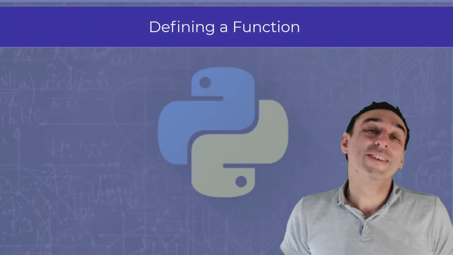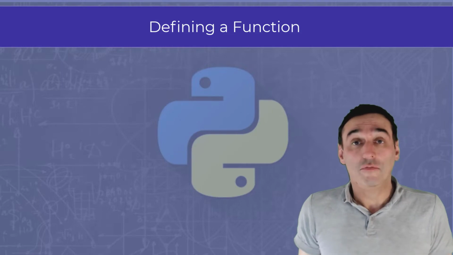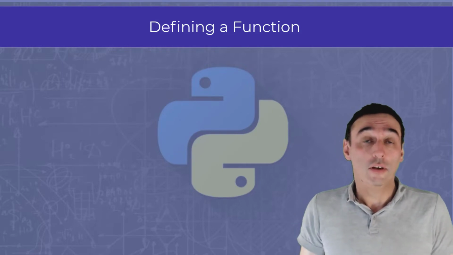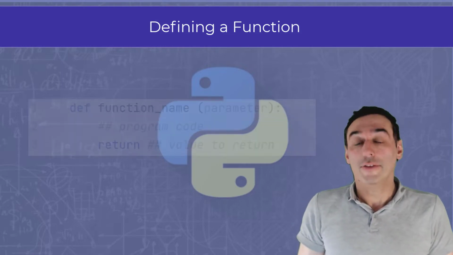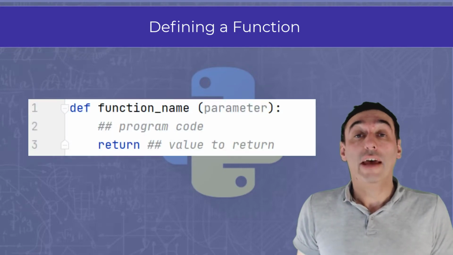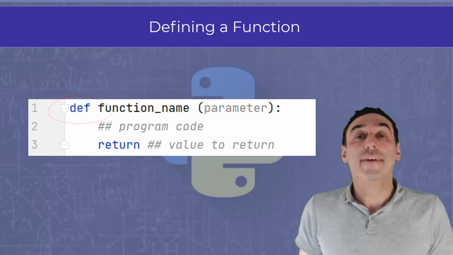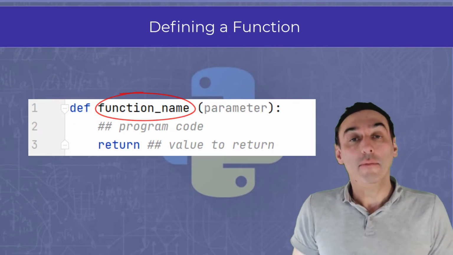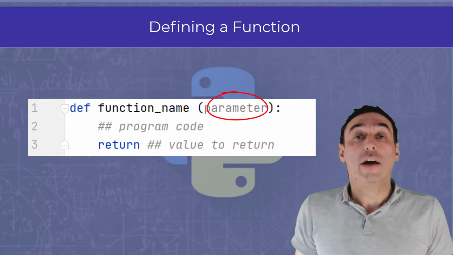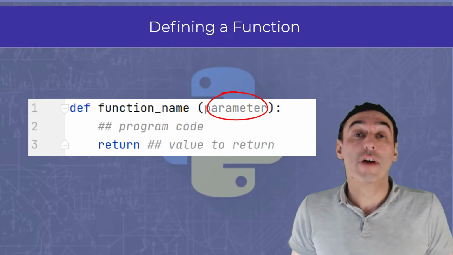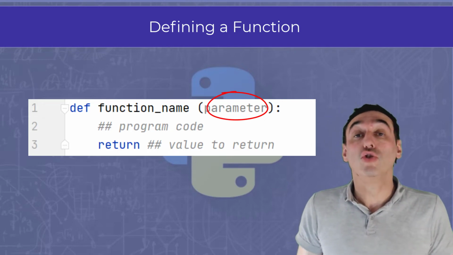Now, user-defined functions are created very simply in Python using the following method. So we have the def command, which basically means I'm going to create a function. We then have the function name, and then in brackets we specify, or not, the parameters that function is going to use.